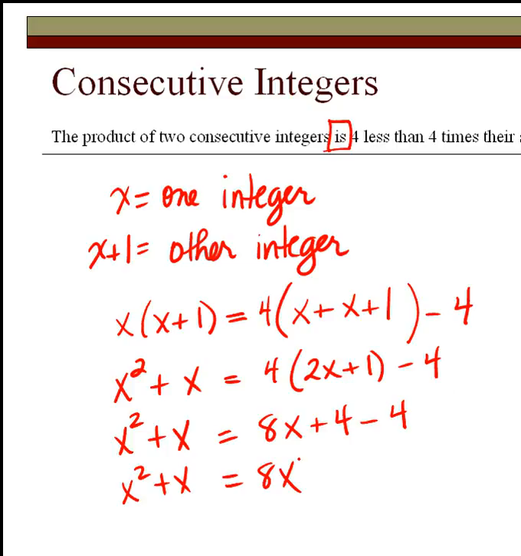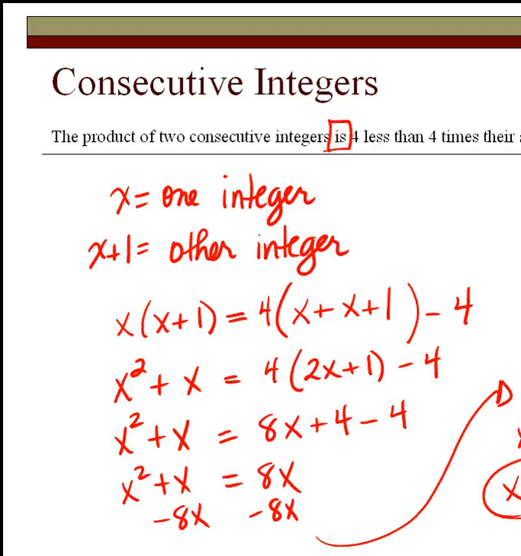Now we can set it equal to 0 by subtracting 8x from both sides. That gives us x squared minus 7x is equal to 0. So we get x times x minus 7 is equal to 0. That tells us either x is 0 or x minus 7 is 0. So x is equal to 0 or x is equal to 7.